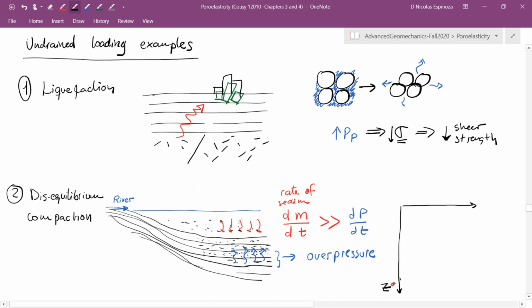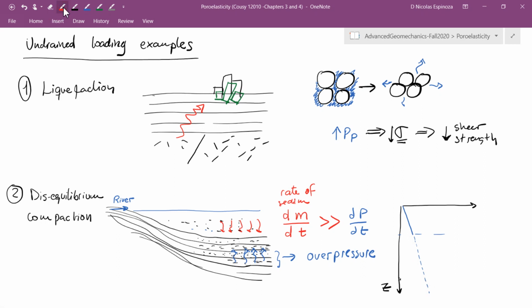This is going to be depth. In the water region, my gradient of pore pressure is going to be hydrostatic. Once I get into the sediment, I don't know, but let's continue the hydrostatic trend.